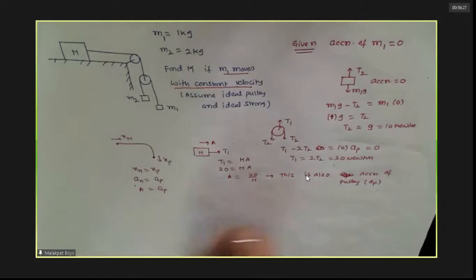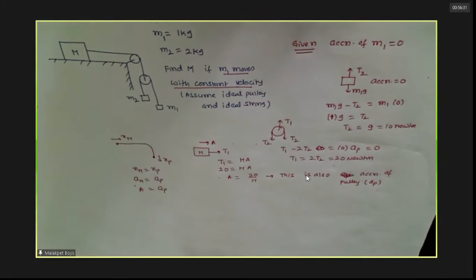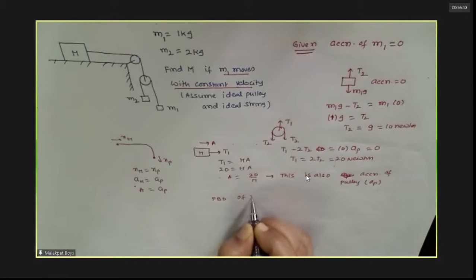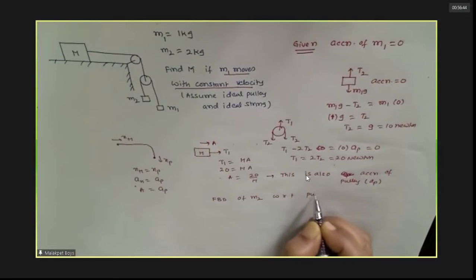Now let us see what is being asked. Capital M. So far we analyzed this one and this one, and we got again an unknown. Let us touch this. We will draw the FBD of M2 with respect to the pulley.